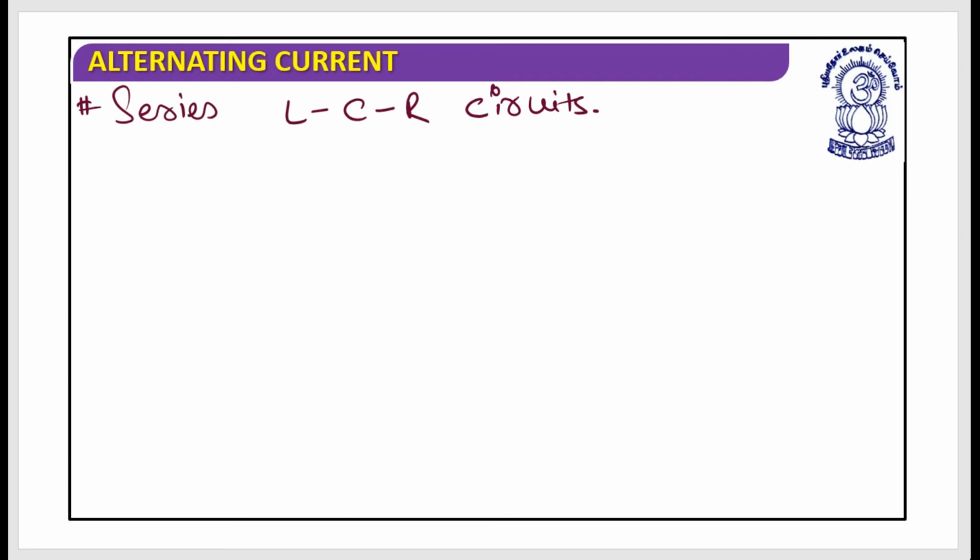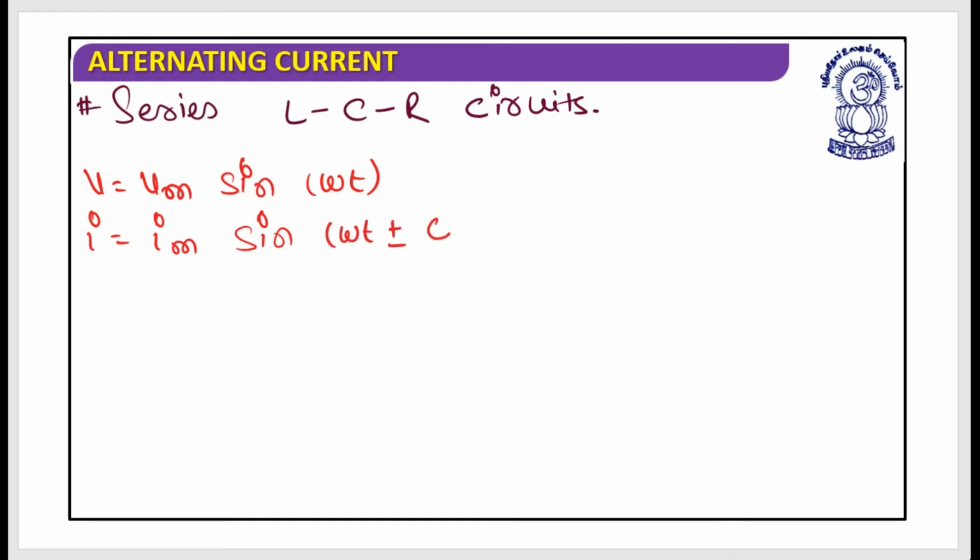The first thing is that we understand that V is equal to Vm sine omega t, and this I is equal to Im sine omega t plus minus phi. Why did I say plus minus phi? Because it is possible that current is leading the voltage, or it is possible that current is lagging the voltage.